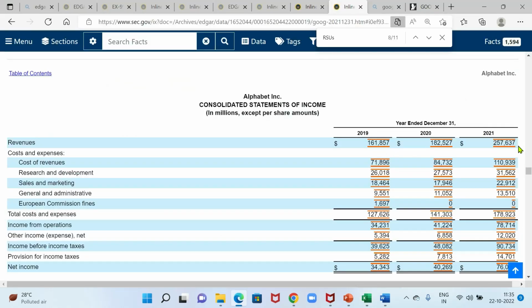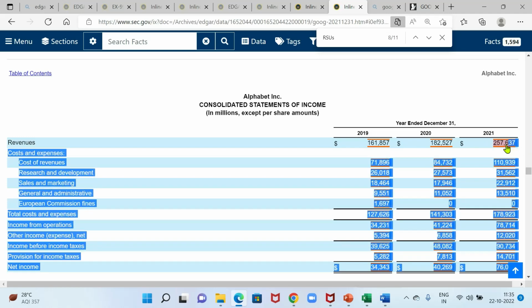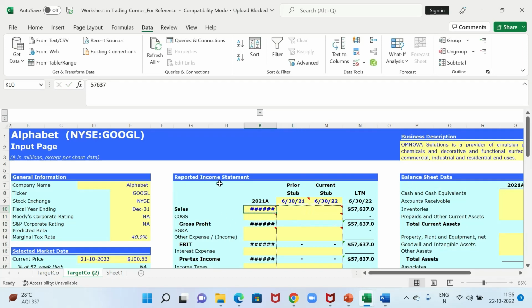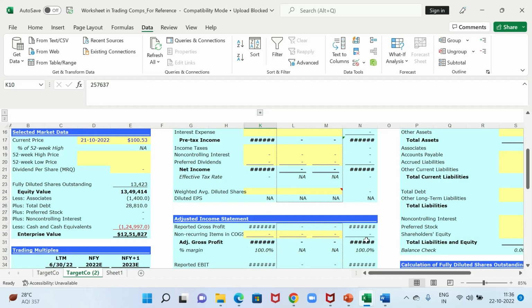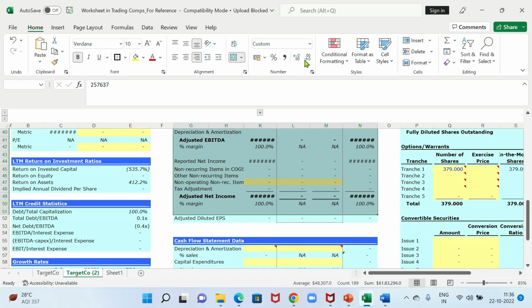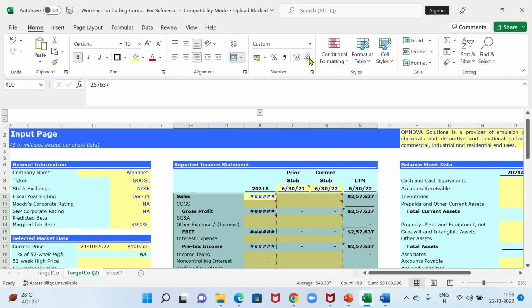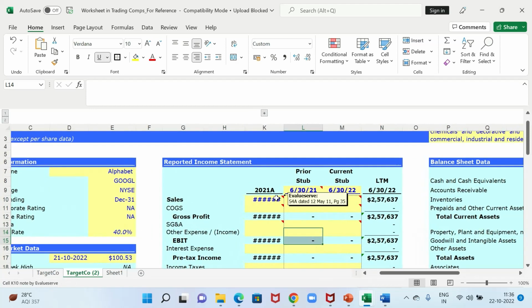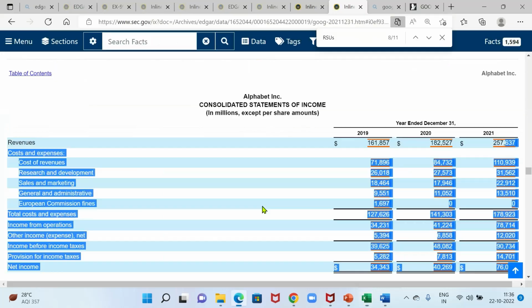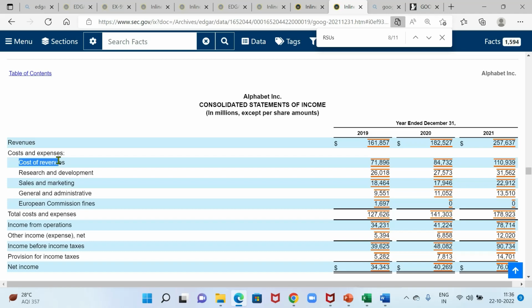The issue with this. COGS. COGS is basically cost of revenue.